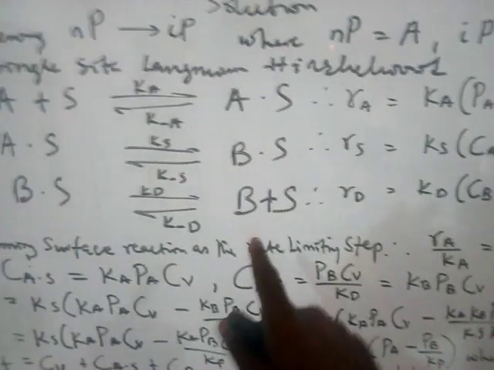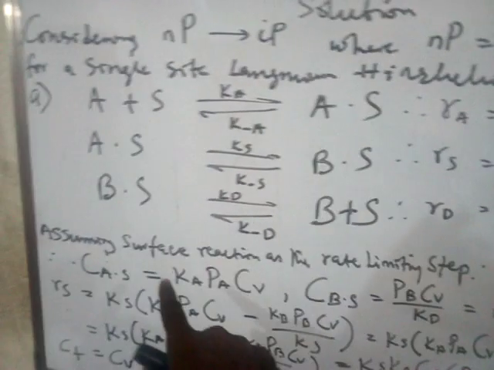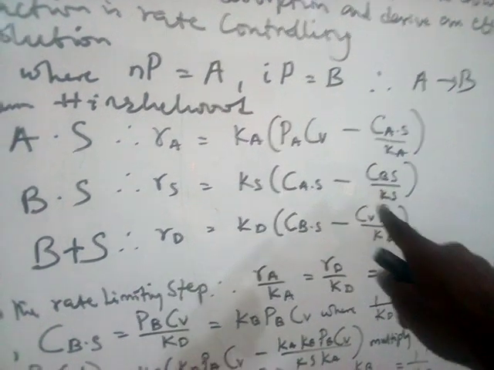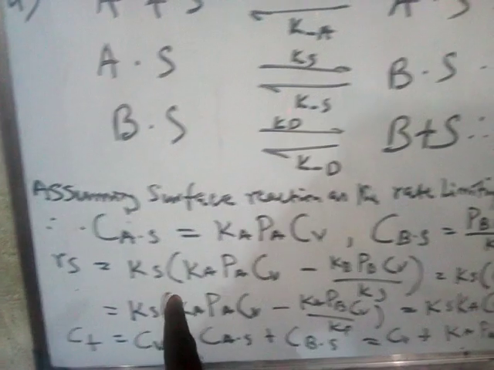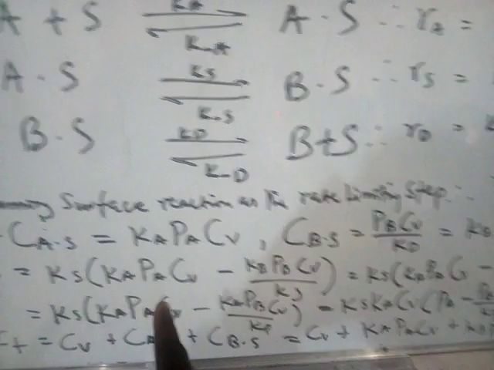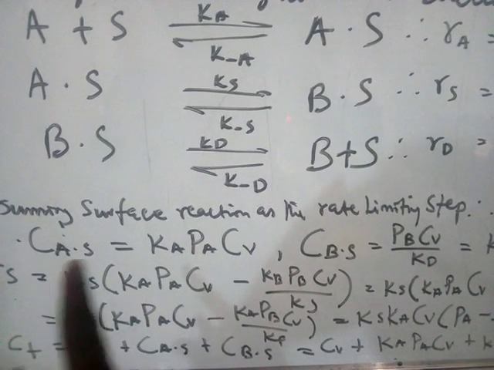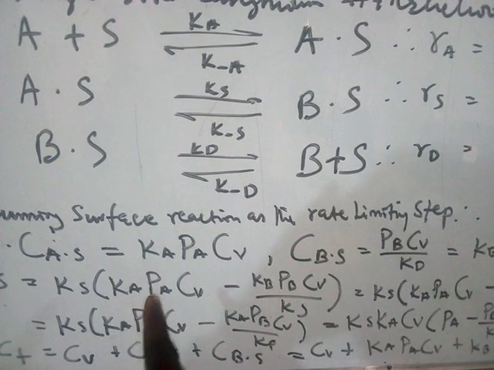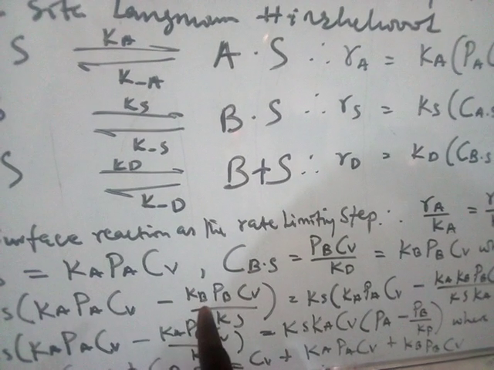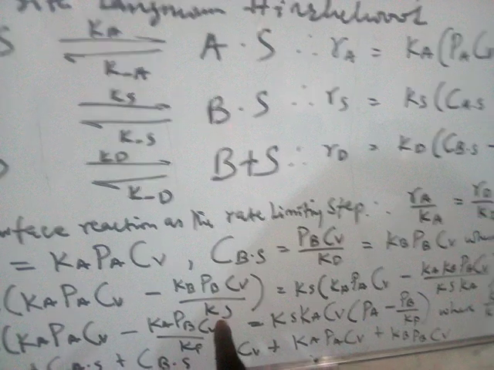So having known what CBS and CAS is, then substitute it into this very equation, the controlling equation, which is RS equal to KS CAS minus CBS over KS. So when you do that, you have that RS is equal to KS bracket, in place of CAS, we are replacing it with Ka PA CV minus, in place of CBS, we are replacing it with KB PB CV all over KS.